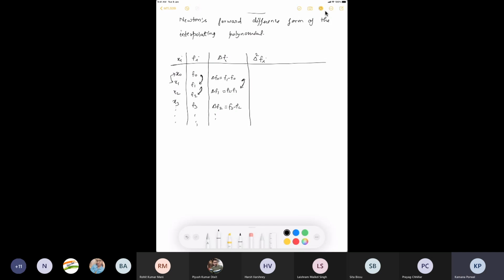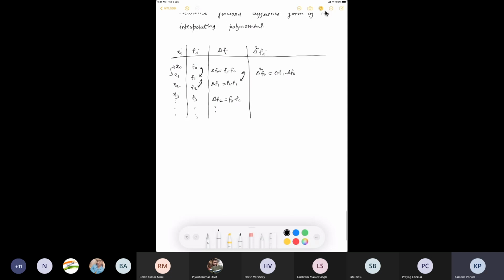So you will get delta squared f naught, which is nothing but delta f1 minus delta f naught, right? And by definition, delta squared f1 is delta f2 minus delta f1. This is the way you can compute the forward difference table. Likewise, you can compute the third order forward differences, which will be just the difference of two consecutive entries of the second order forward difference vector.